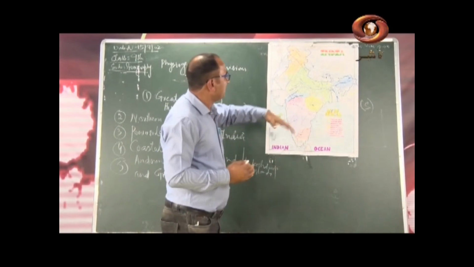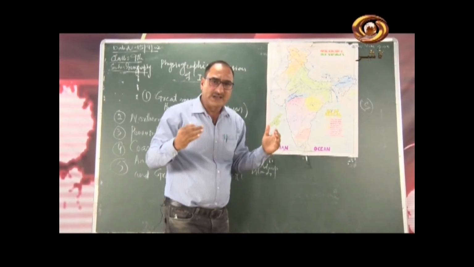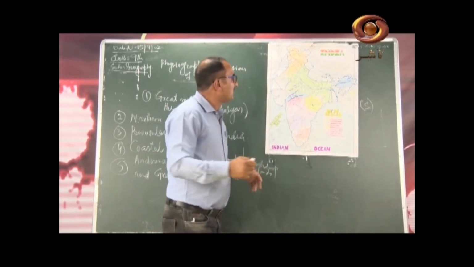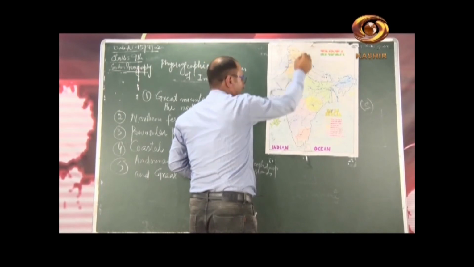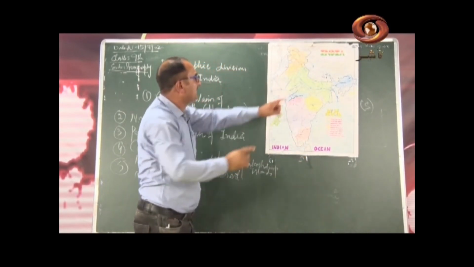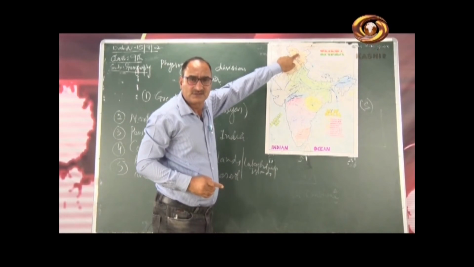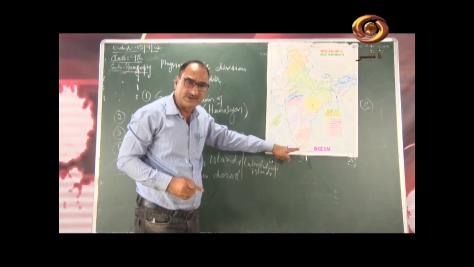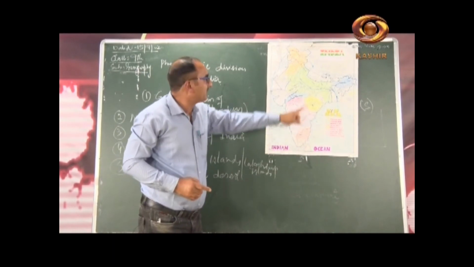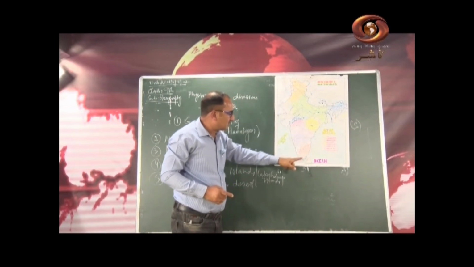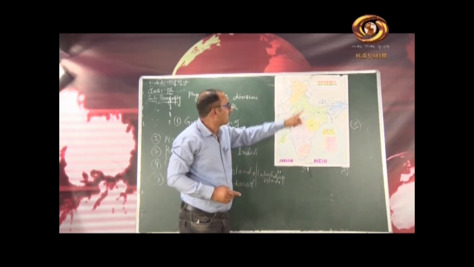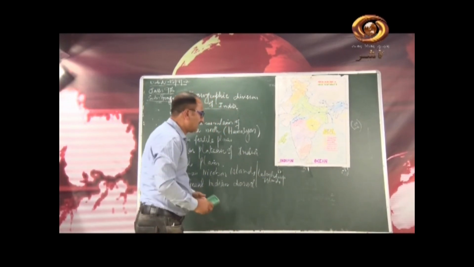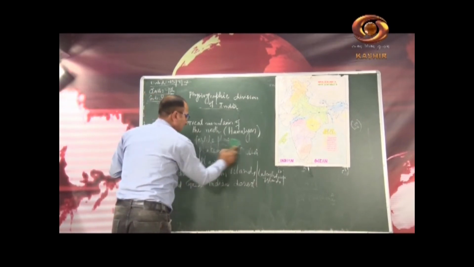The distance of India from north to south, the northernmost point of India is Kashmir, the crown of India, to Kanyakumari, the southernmost point of India. From Kashmir to Kanyakumari, the length of India is 3214 kilometers.